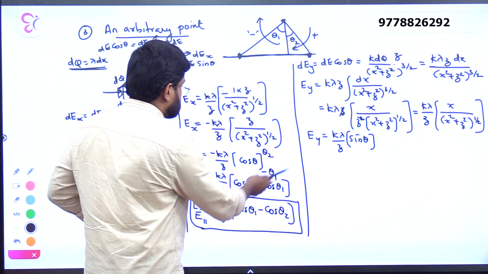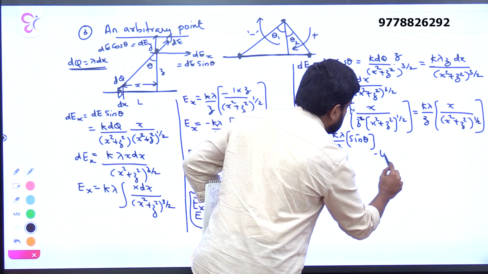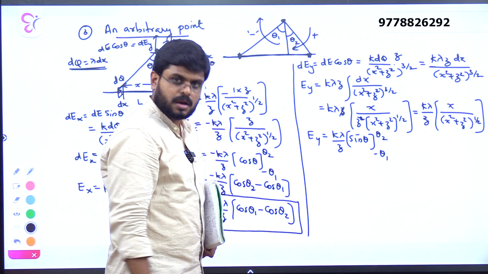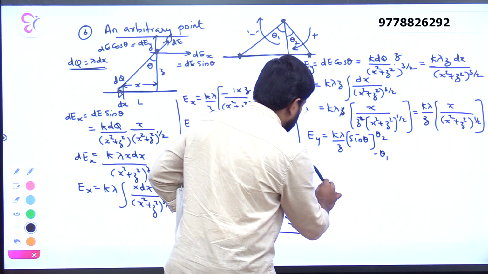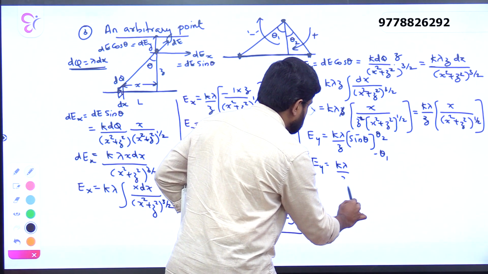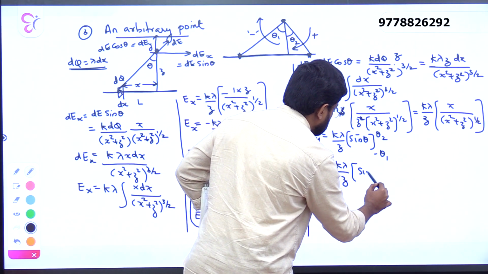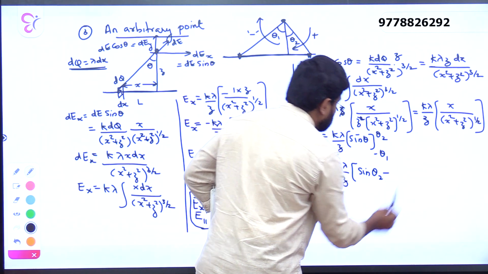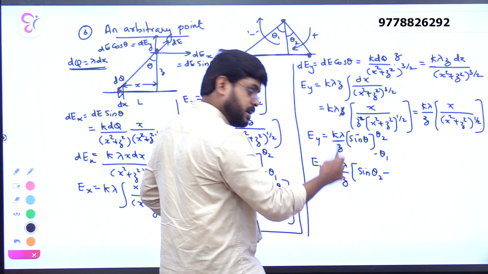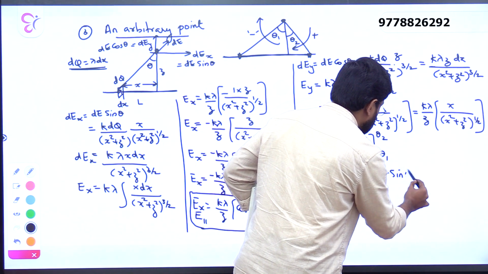Sine theta also runs from minus theta 1 to theta 2. Clear? So Ey equals k lambda by z into, put the upper limit, it is sine theta 2 minus sine of minus theta 1, which is minus sine theta 1, minus into minus plus, it is sine theta 1.